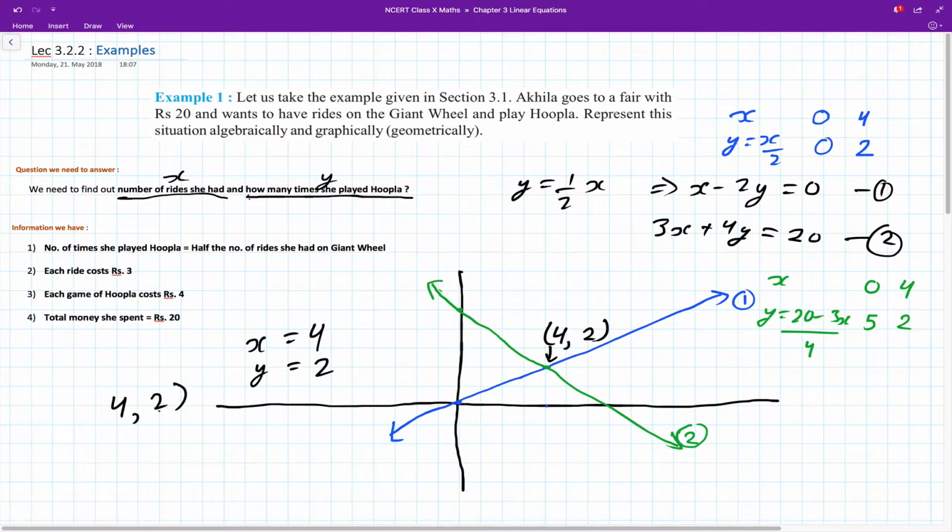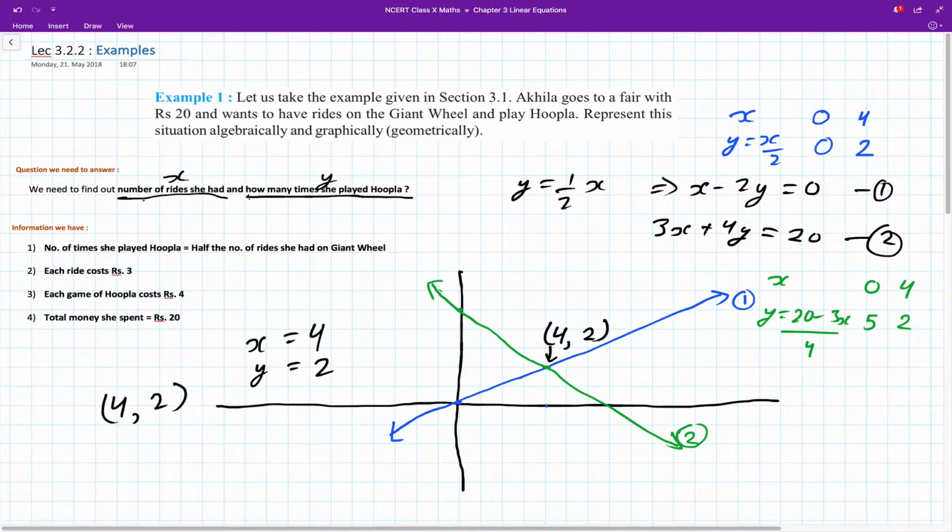Let us quickly plug in the values back. x is 4, y is 2, so 4 minus 4 is 0, which satisfies equation 1. For equation 2, 3 times 4 is 12, plus 4 times 2 is 8, 12 plus 8 is 20, so it satisfies both of them.